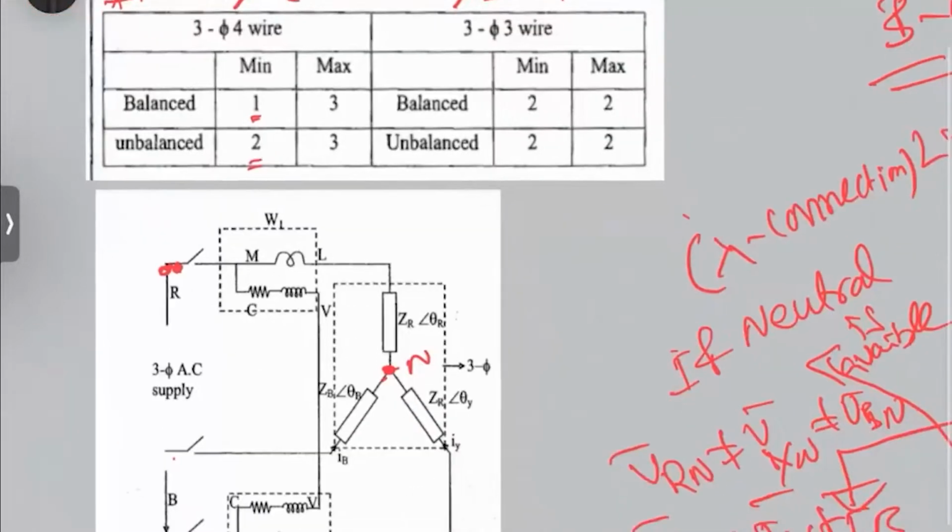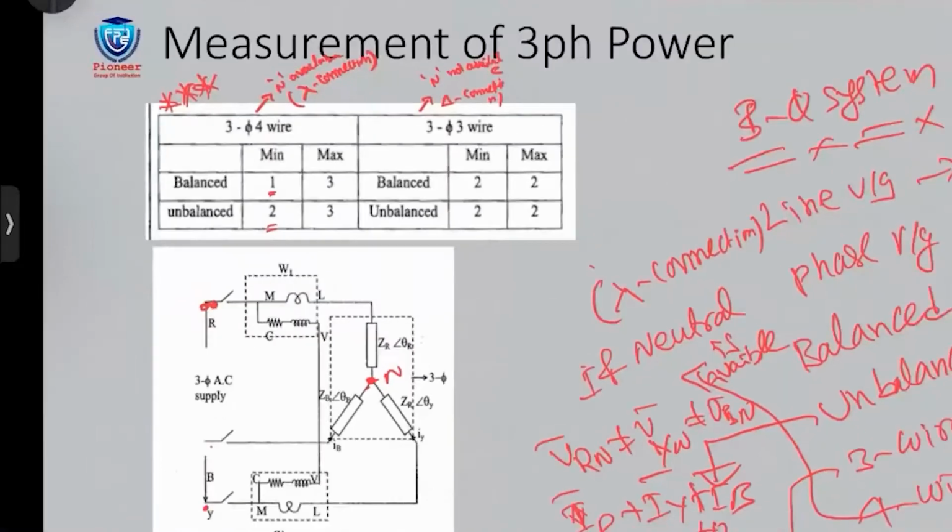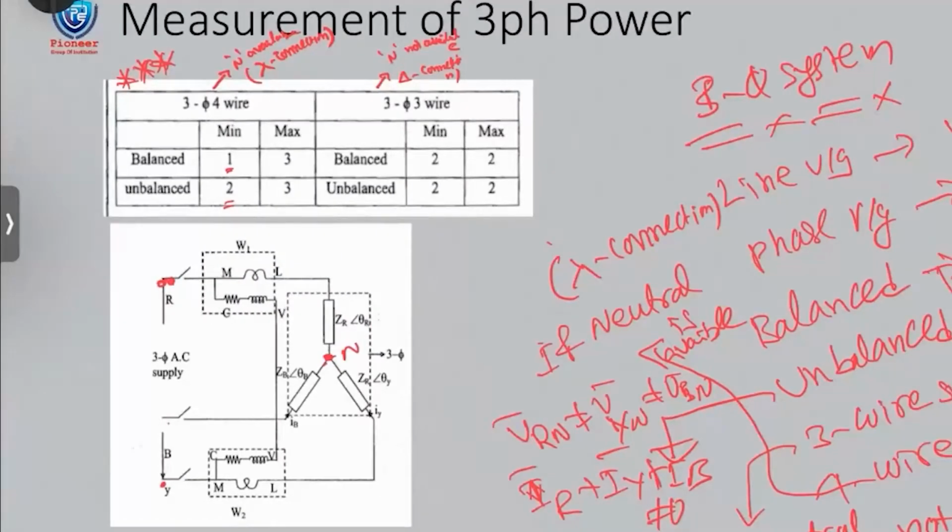But the last time, the question did not mention balanced or unbalanced. It only asked, for 3-phase measurement, how many wattmeters would be needed. The answer given was 2 wattmeters, neither balanced nor unbalanced.